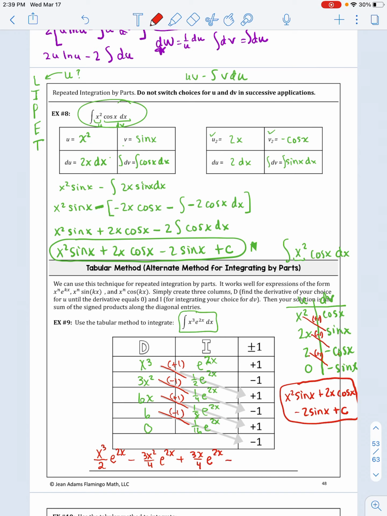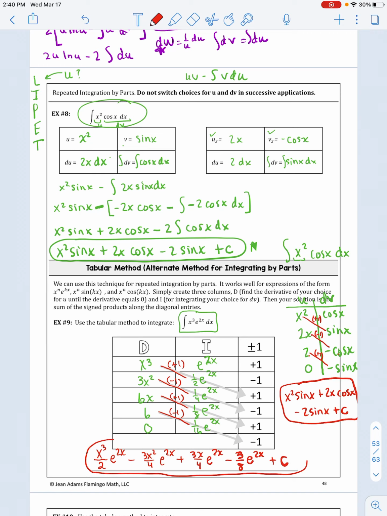And then this one's going to be negative, and divide by 2. Oops, that 3 did not look like a 3. 3/8 e to the 2x. And then plus c.